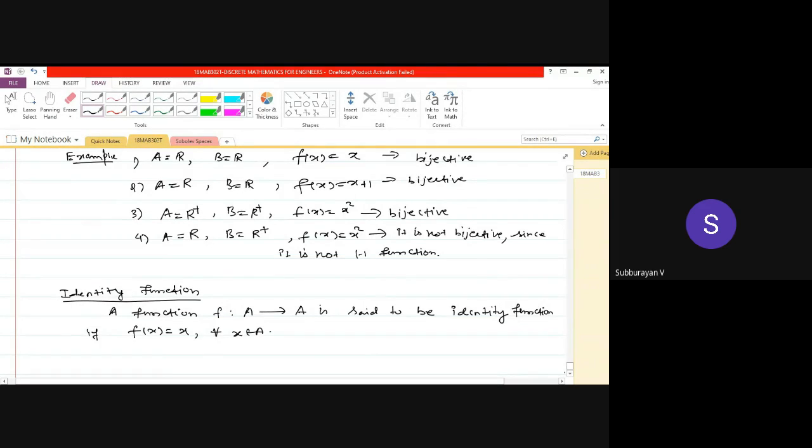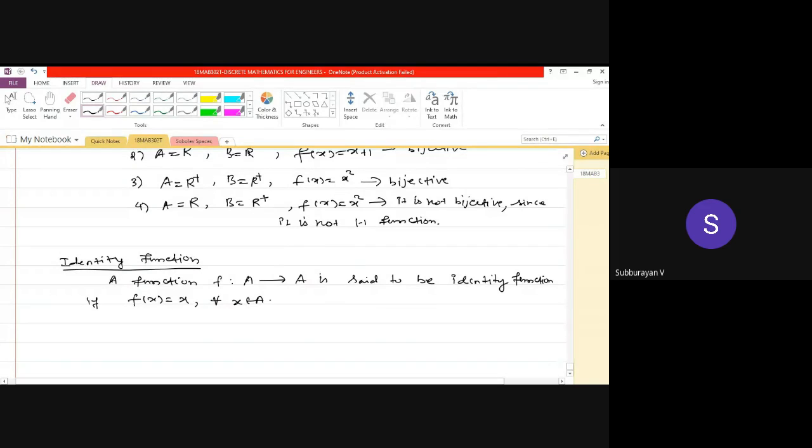Next we move on to another definition, that is called composition of two functions.